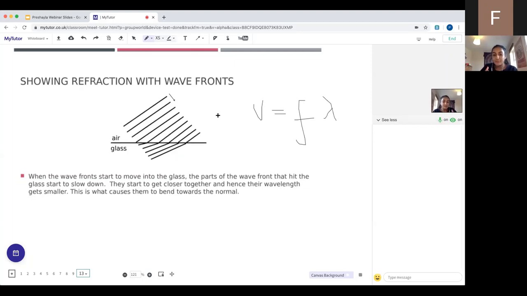You won't even need to draw them closer together. Just by changing the angle of the line, you'll see them start to get closer together. So try and draw this diagram for yourself, because I think it really helps in understanding the fact that these get closer together. That shows that the wavelength gets smaller and shorter, and we know that the wave speed also gets smaller.